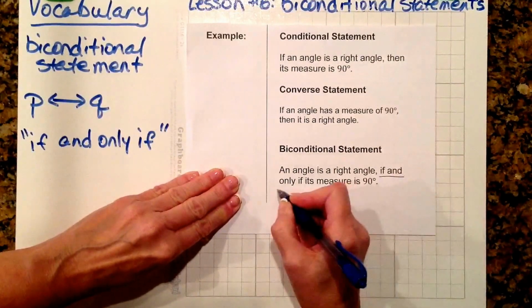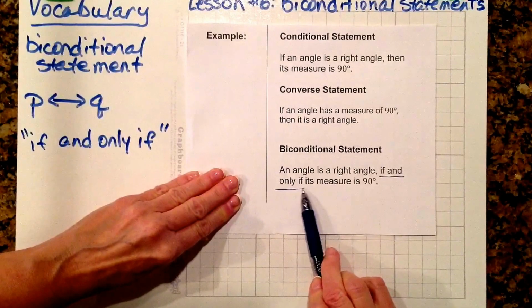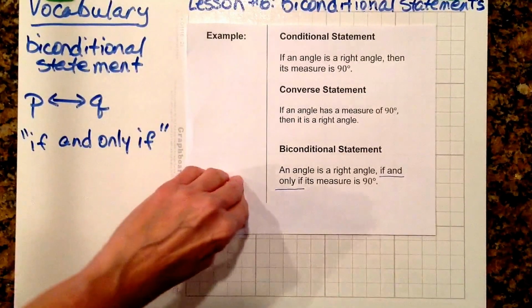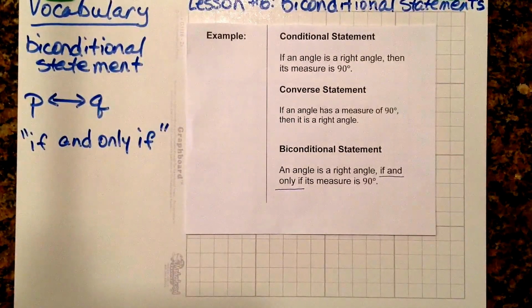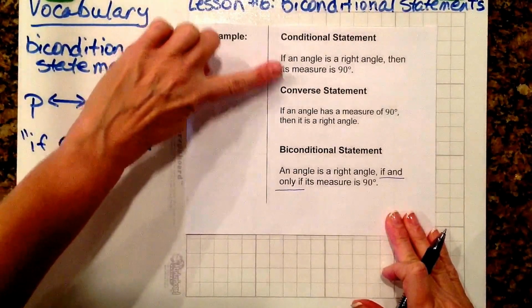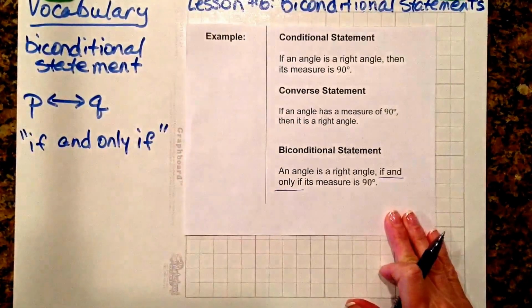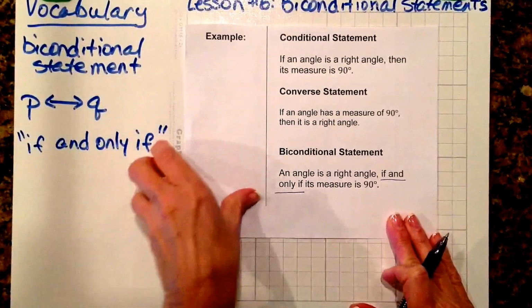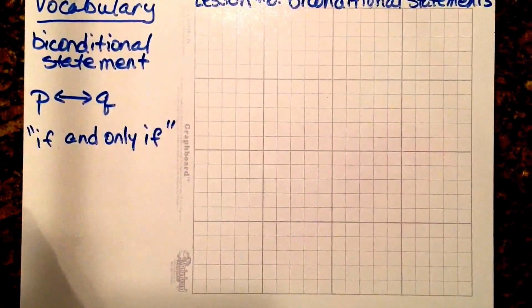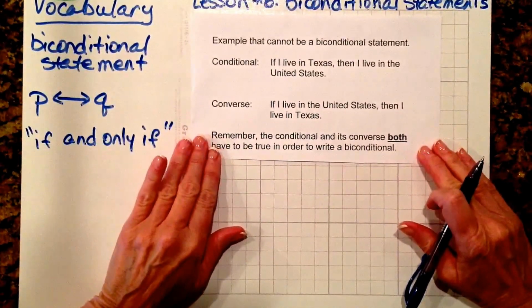Then you write "if and only if" in the middle, and "its measure is 90" looks like the conclusion right there. That is a biconditional statement. Now, this was true and this was true, and as a result, it makes the biconditional statement true. Let's look at an example that cannot be a biconditional.